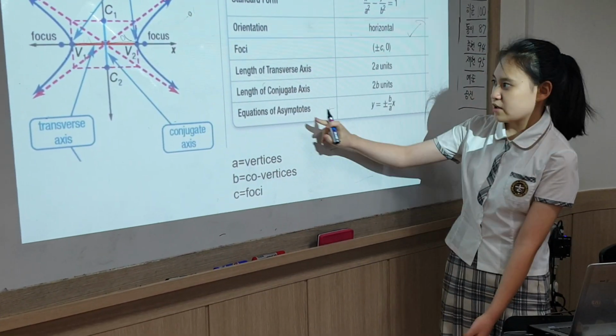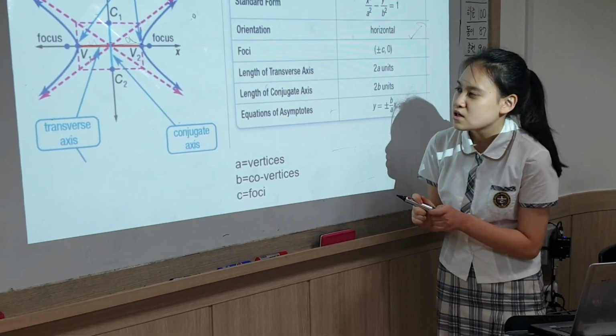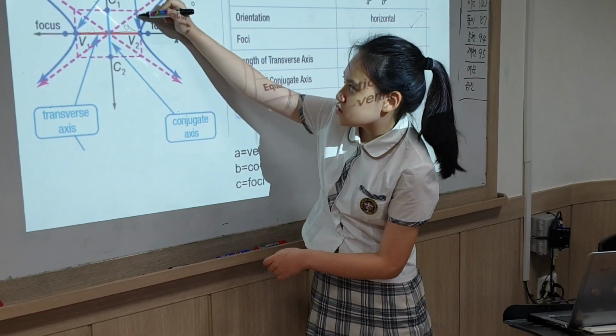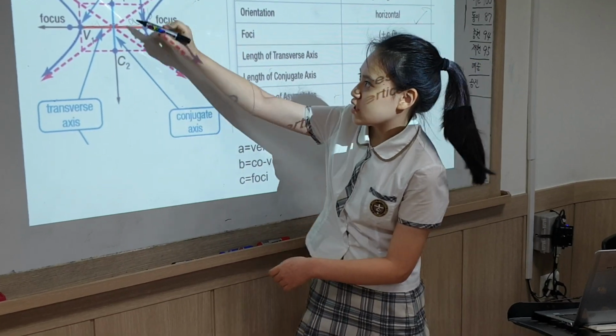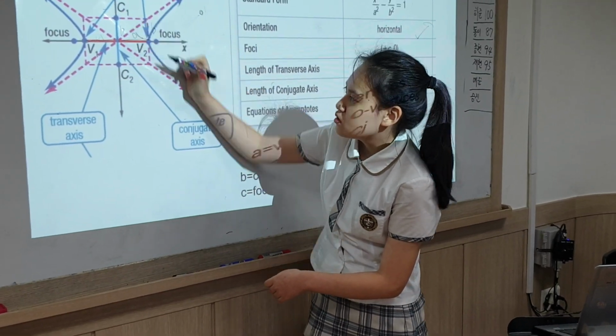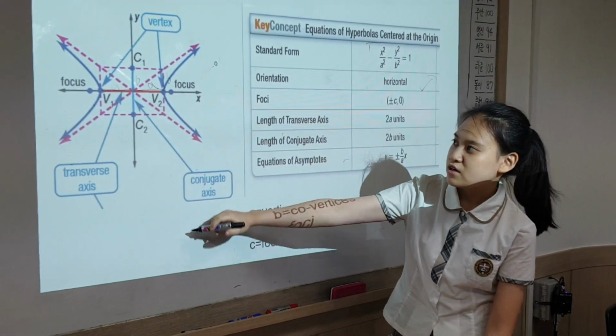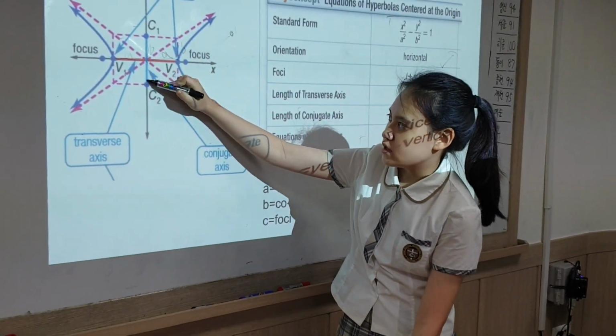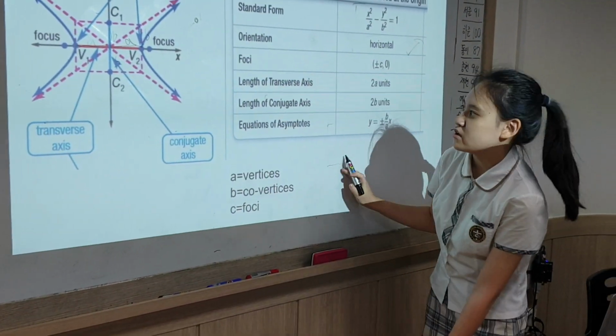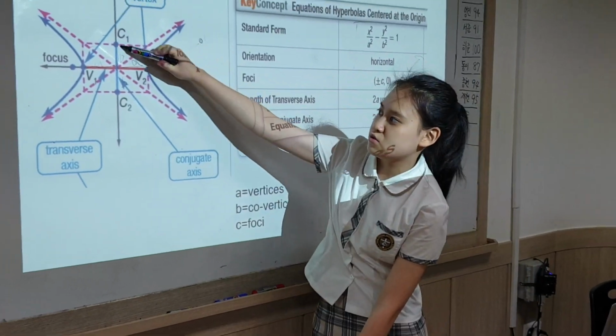In the same way, the length of the conjugate axis is 2B units, since this will be B, which means this will be B as well. And since it is symmetric, this will equal this, which will be B as well, and therefore the length of the conjugate axis will be 2B.